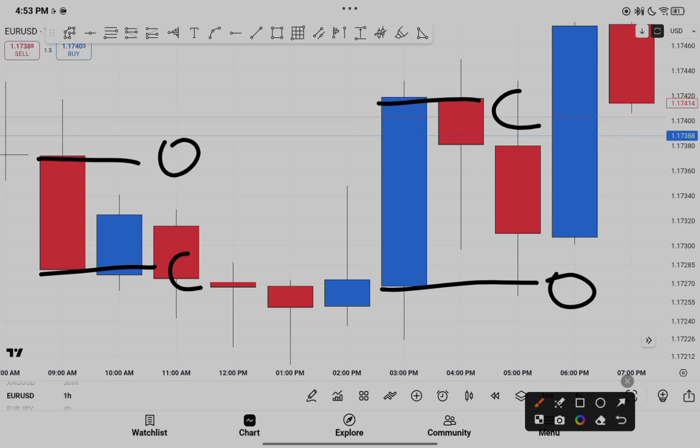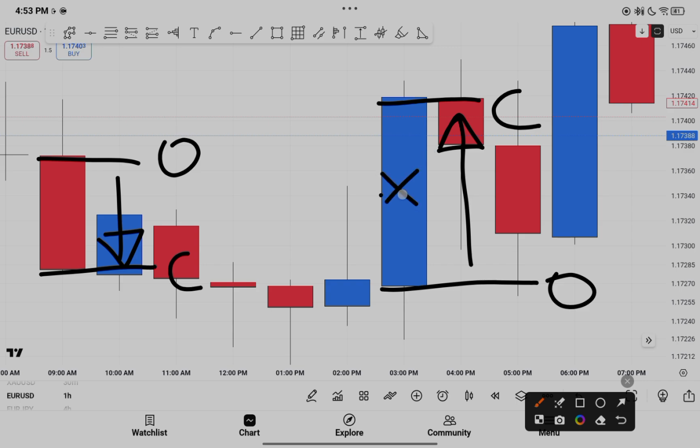Okay, so when the closing price is lower than the opening price, it forms a bearish candle. It simply tells you that the market is moving in a downward direction. That means you are having downward pressure. Do you understand? And when the closing price is higher than the opening price, it gives you a bullish candle.